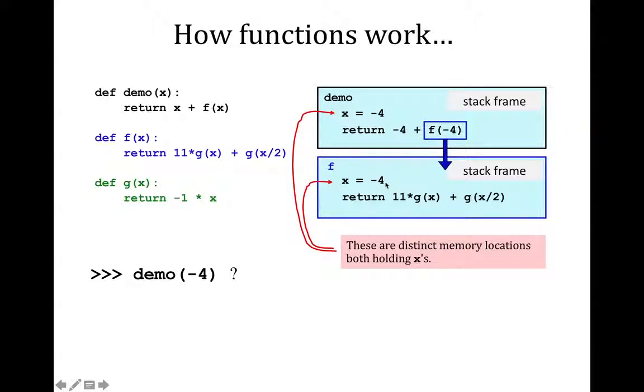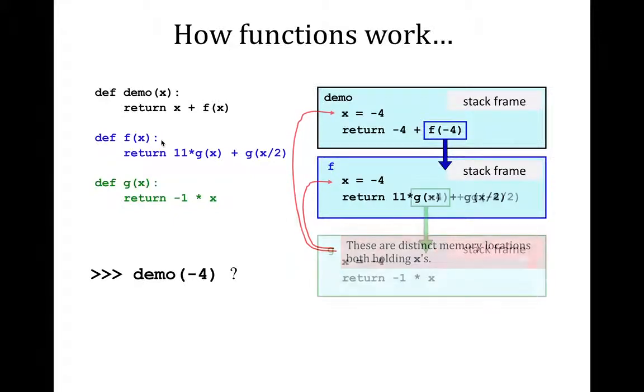They are not the same. You could name a bunch of your variables x. I don't recommend that you do so. They're not very good names. But you could. They're not meaningful names, but you could name all of your variables x, and they're still treated independently in the program. And so there's two separate x's running around, the x for our demo function call and the x for our f of x function call.